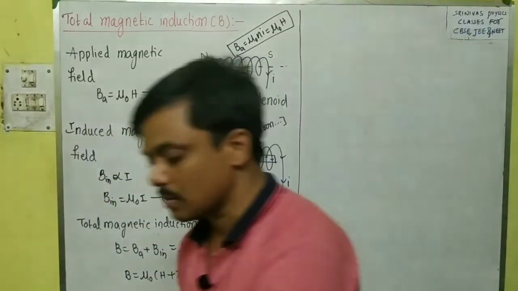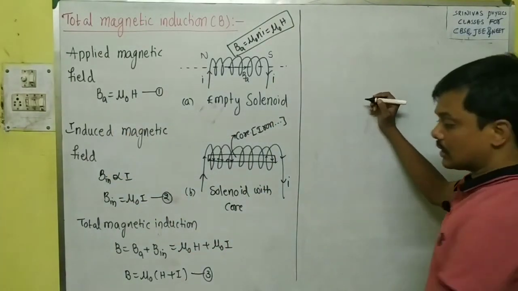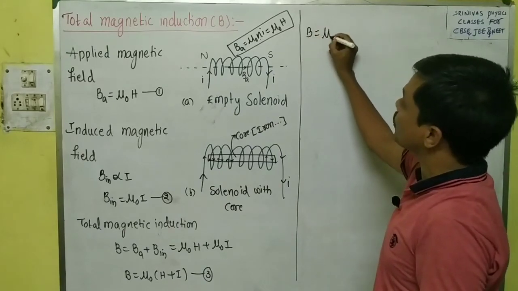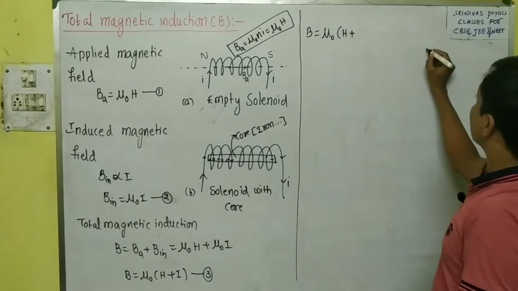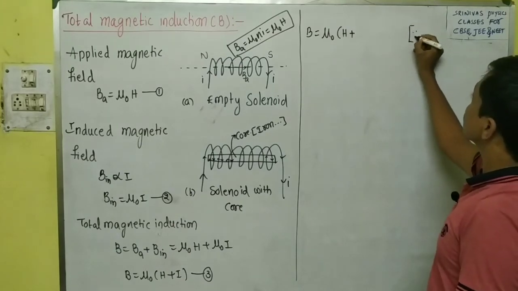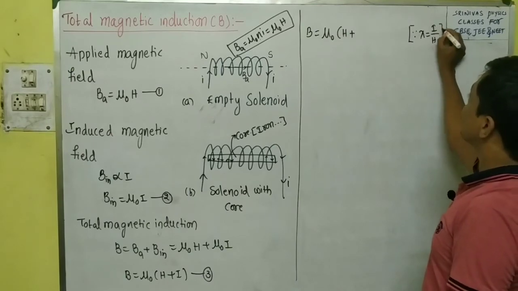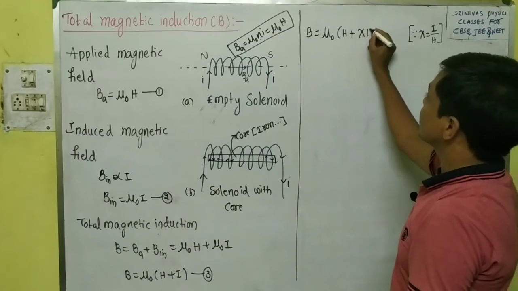Next I want to change this, but we know the susceptibility formula, right? What is the susceptibility formula? Psi equals I by H. According to that we write the I formula. From that we get B equals mu naught of H plus, where we write the I formula here. We know susceptibility is I by H, so I is equal to psi H, right?